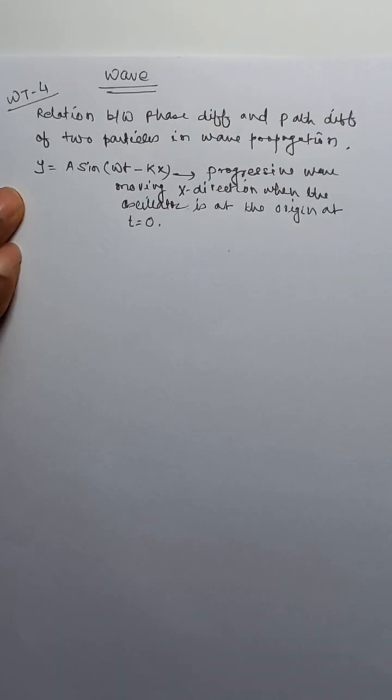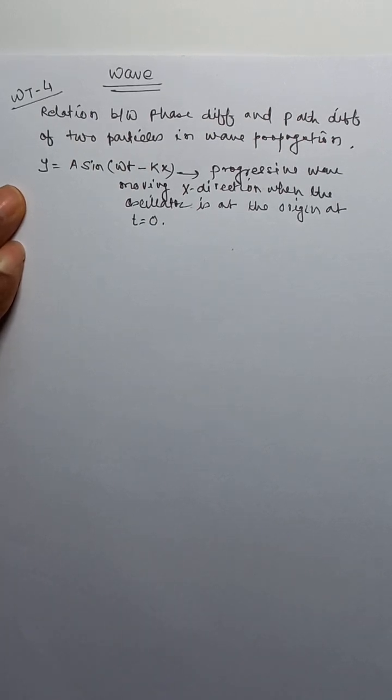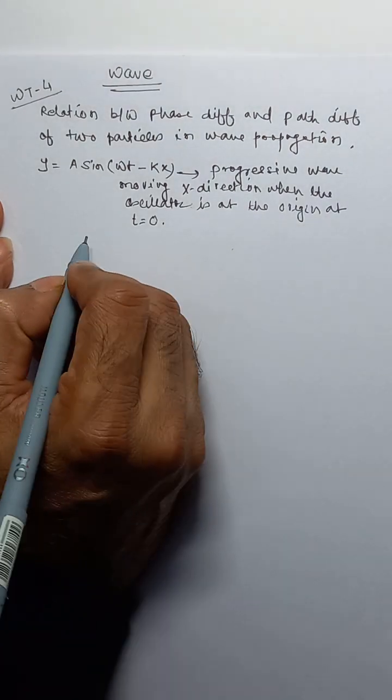So this represents a progressive wave which is traveling to the positive x direction when the oscillator is at the origin and at time t is equal to 0.